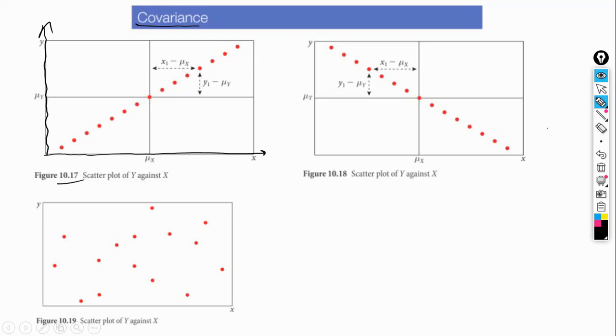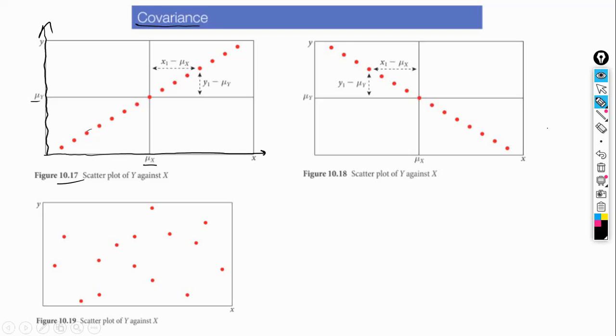Notice that this is mu x, so this is the average for all the values of x, and this is mu y, which is the average for the values of y. Now, in this case, everything is perfectly symmetrical because all of these data points fall in a straight line. So obviously, x and y are dependent in this case.